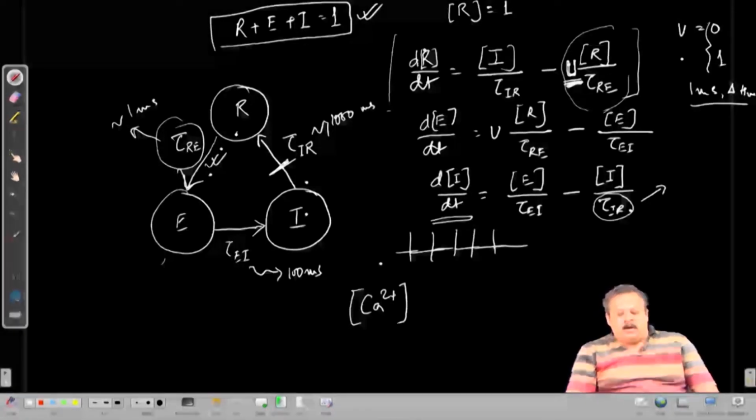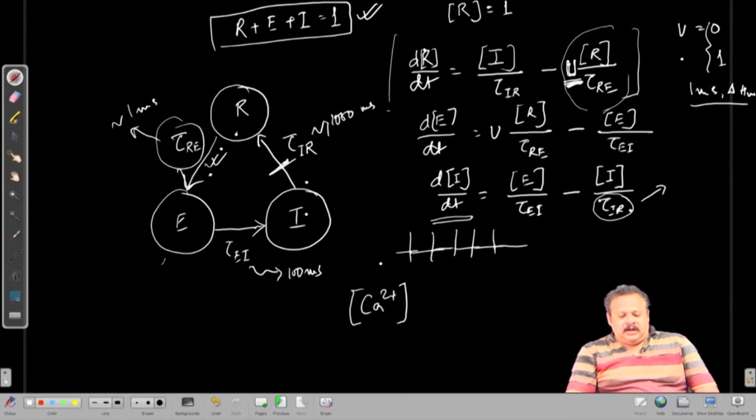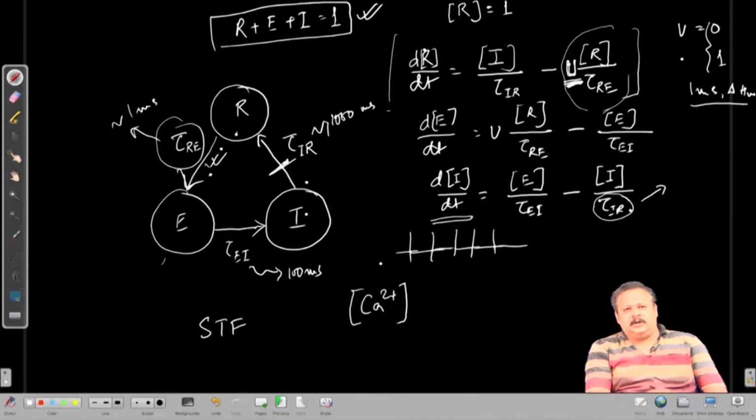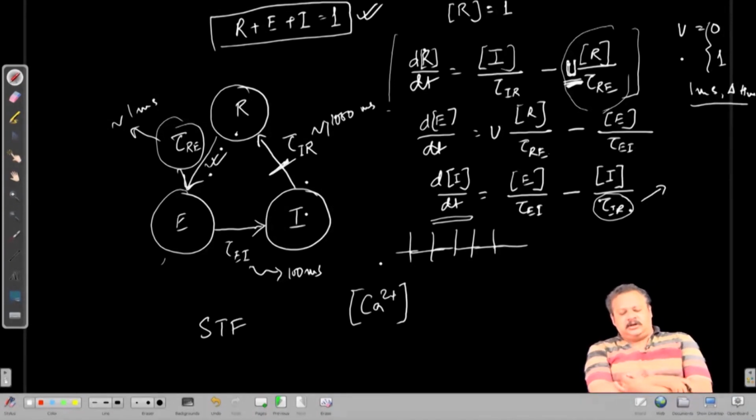The reason why we will do that is that this model that we have talked about does not explain short term facilitation, because it can only explain short term depression based on the time constants that we have discussed.